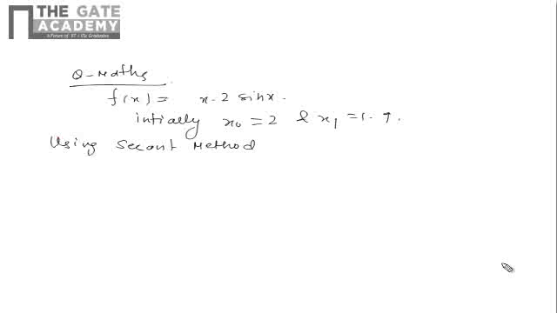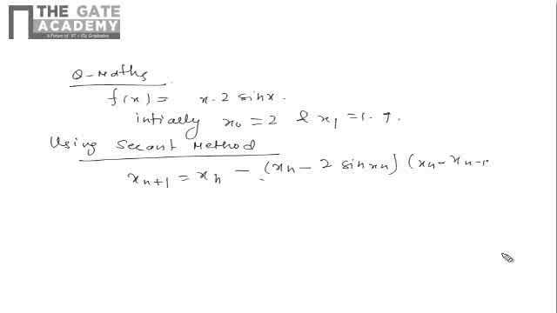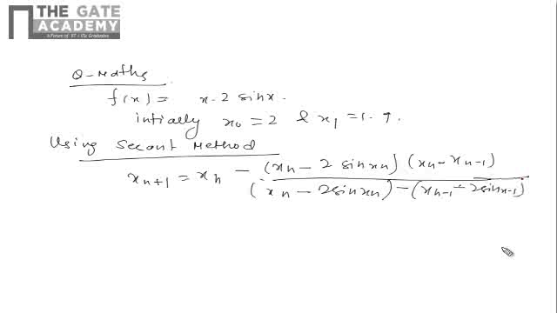The secant method is nothing but an adaptation of Newton's method, so we use the same formula: x(n+1) equals xn minus f(xn) by f'(xn). Writing it out, it becomes xn minus (xn minus 2 sin xn) times (xn minus x(n-1)), divided by (xn minus 2 sin xn) minus (x(n-1) minus 2 sin x(n-1)).